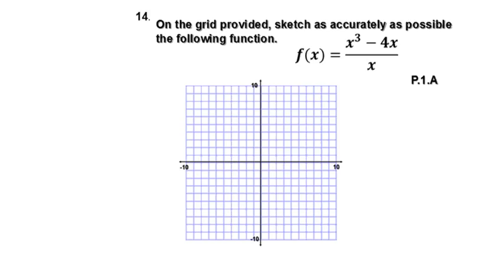All right, problem 14, the last one. On the grid provided, sketch as accurately as possible the following function. You have f of x equals x cubed minus 4x over x. Well, let's do that.